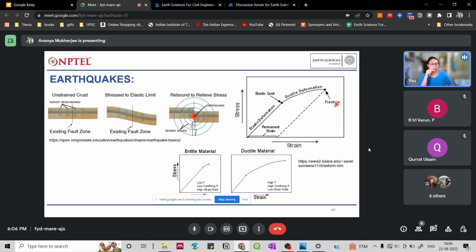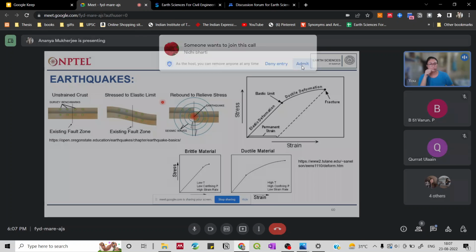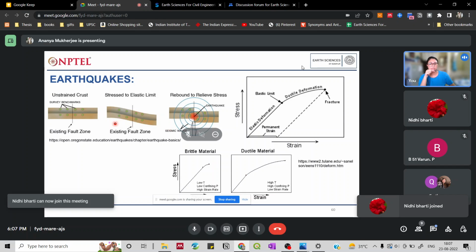In the graph on the right you can see first the elastic deformation, then the elastic limit, then ductile deformation, and then a fracture, the brittle condition where the material breaks off. In the second diagram, it is being stressed to the elastic limit but is still not breaking, and it can contain the strain.